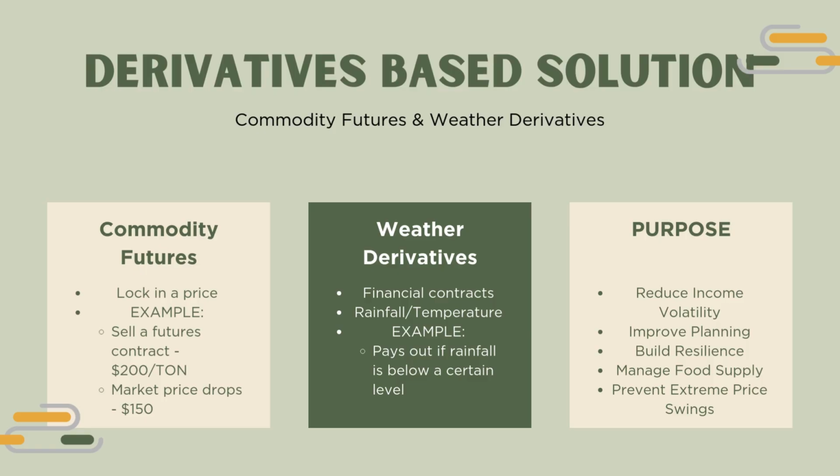Together, these instruments can reduce income volatility, improve planning, and build resilience in agricultural communities. They can also help governments manage food supply more effectively, preventing extreme price swings in staple foods.